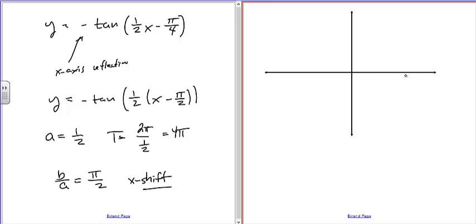So what's the period? The period is 4 pi. So we're going to go 4 pi in the positive direction and 4 pi in the negative direction. As far as the amplitude is 1, so it's probably just as good to put 1 and 2 here, and -1 and -2 here.